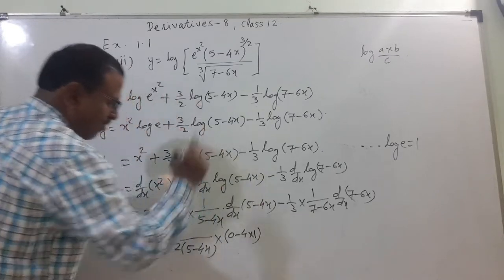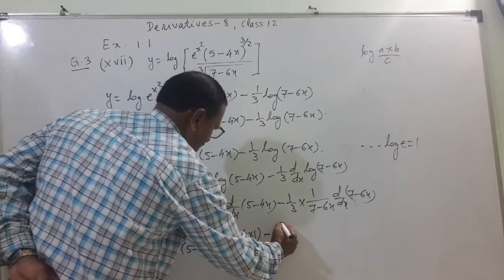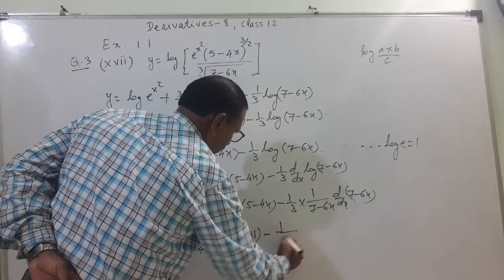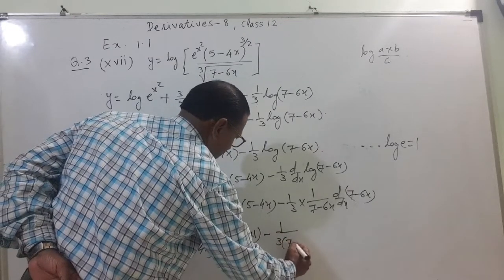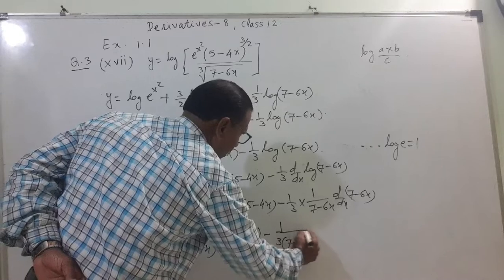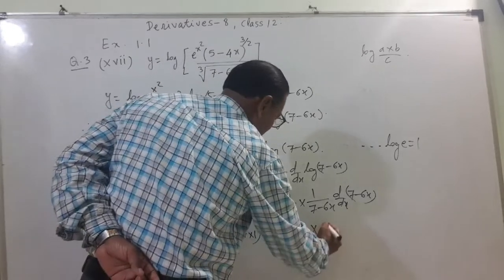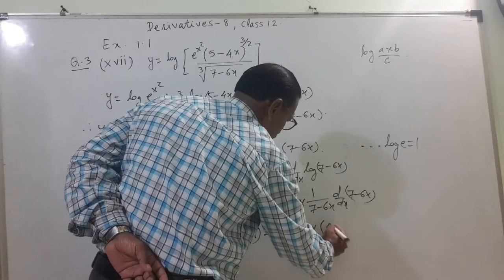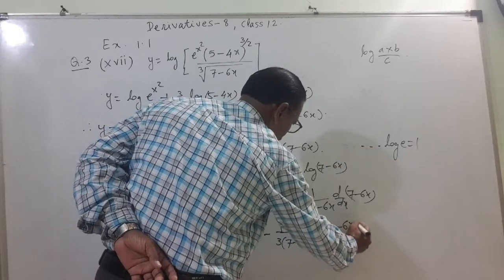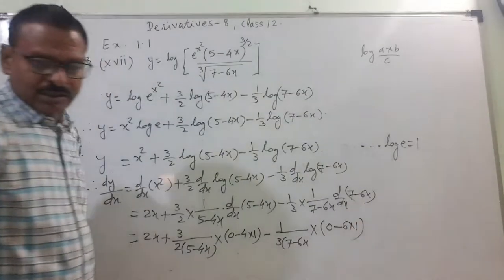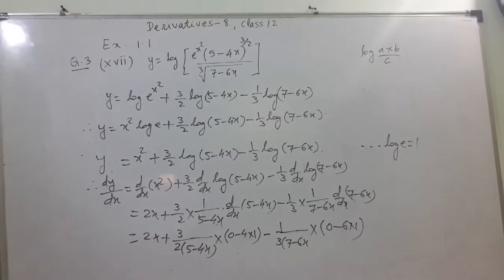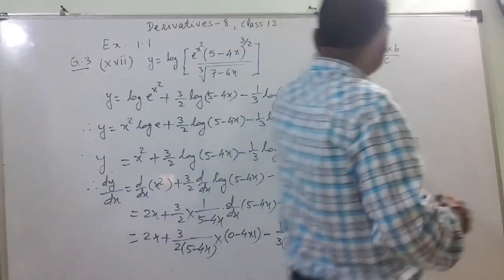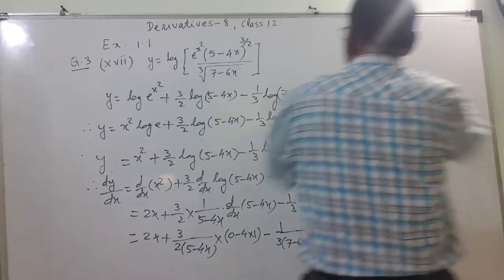Derivative of x is 1. Minus 1 upon 3 into 7 minus 6x. And the derivative of 7 is 0, minus 6 into 1. Now I will rub the top portion over here and the remaining things I will write here.